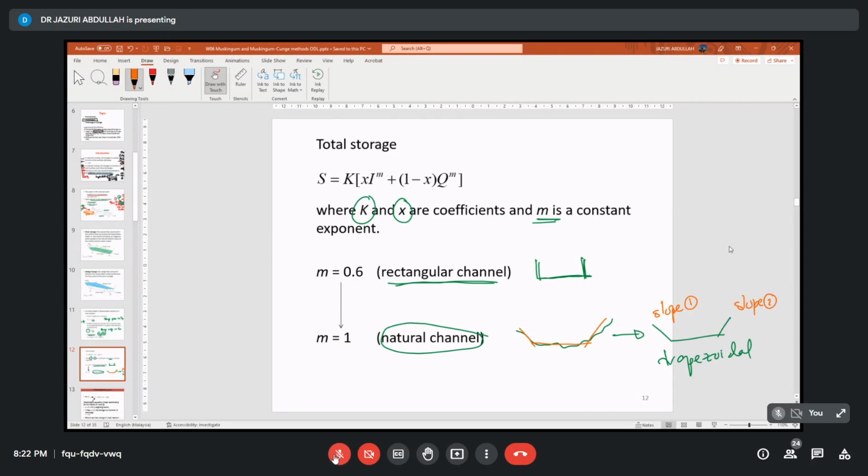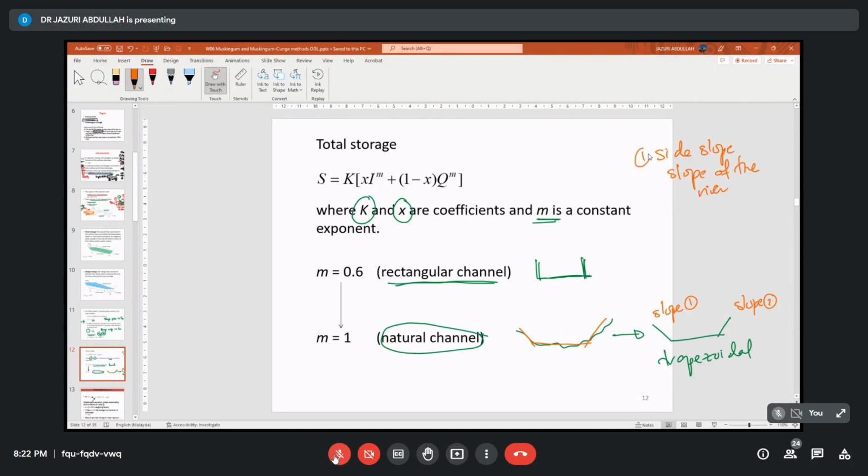And one more thing, since I mentioned the slope, when we talk about the equation, this is just to remind you, because sometimes when I give the question, I always mention side slope and slope of the river.